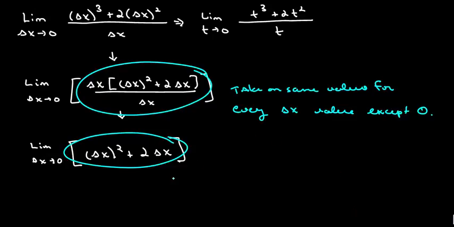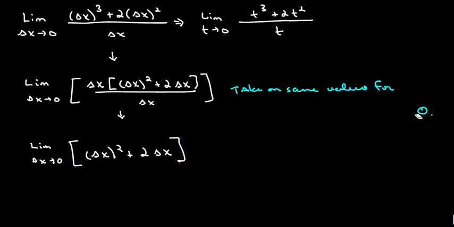If delta x is equal to 0, then these two guys are definitely not the same. This first guy's undefined, this second guy is 0. Okay, so they don't take on the same values when delta x is 0, but we're not concerned about delta x being 0 because we're looking at the limit. And the limit only concerns itself with delta x values that are close to 0.